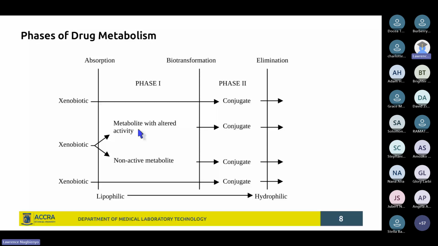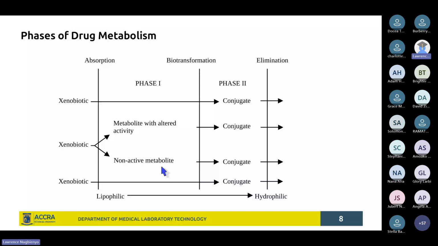So you have an active metabolite, but of course its form is changed. It's a metabolite. It's no longer the original substance, but it's an active metabolite. Or you have a non-active metabolite, which means the metabolite will not have the therapeutic effect that the original substance is having. So you can have these two things occurring, active or non-active metabolites.